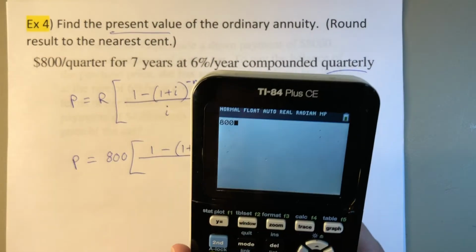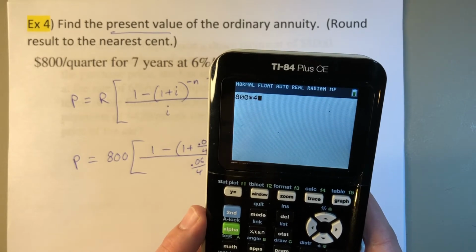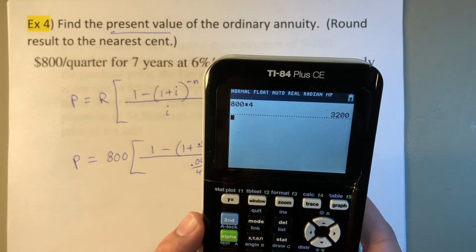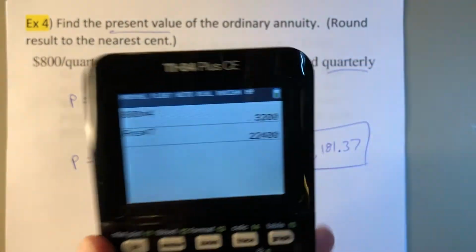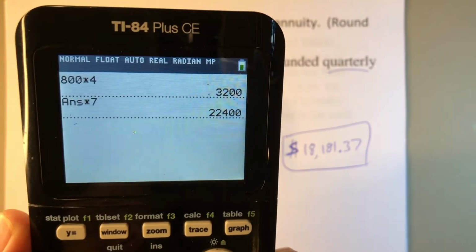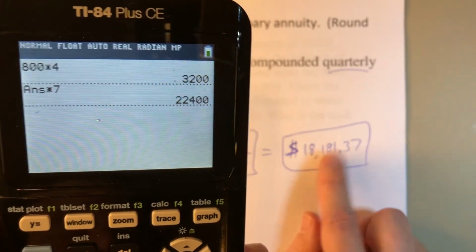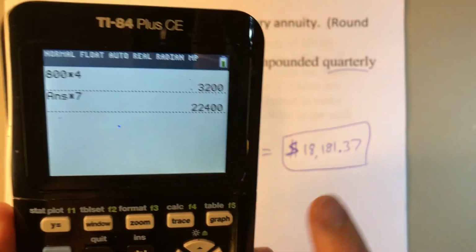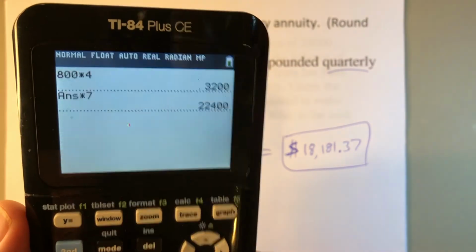Let's see what happens if I do 800 times quarterly times 4, that's 3,200, right? And then times 7, that's actually how much money you're paying the bank in order to drive away in this used car today. That's the loan amount. But look, you're paying more than the loan amount. That should make sense because of interest. What is the interest?